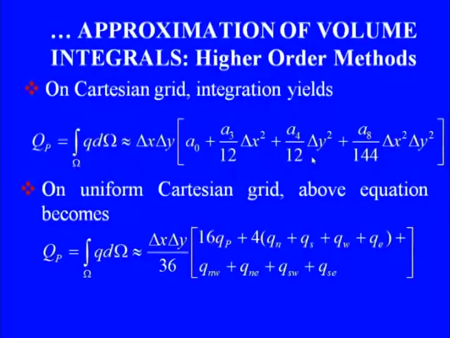You can easily appreciate that obtaining each one of these in terms of the nodal coordinates would be a fairly involved task, because if you want to retain the 4th order accuracy of this formula, we have to approximate each one of these q values to at least 4th order accuracy, which is not a mean task. So, in practical analysis, we would basically restrict ourselves to midpoint rule integration.